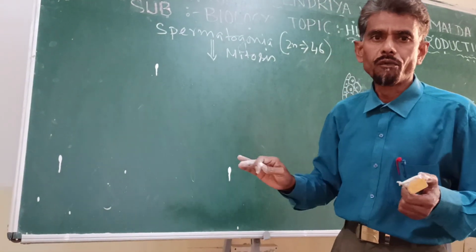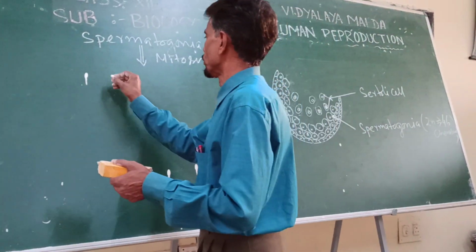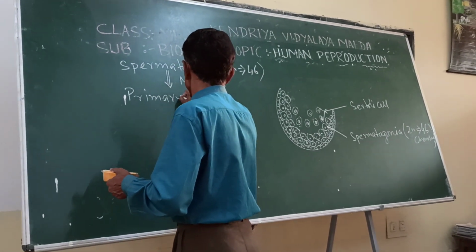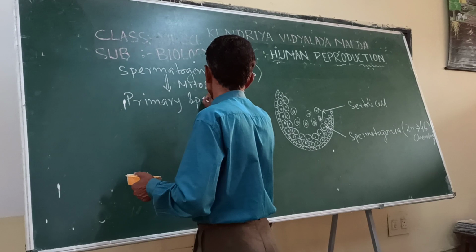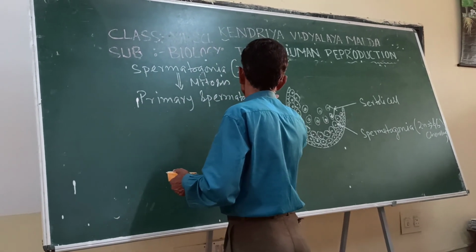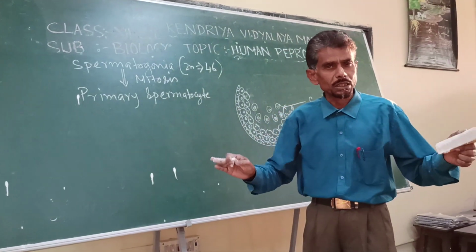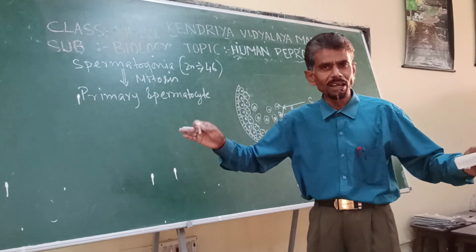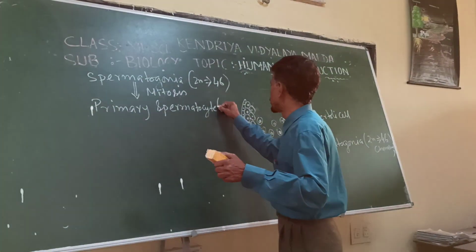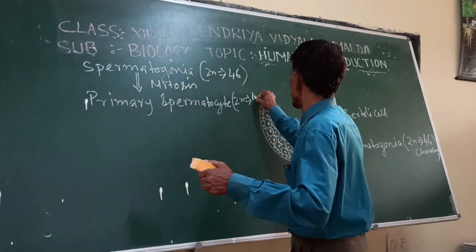And they will form the primary spermatocyte. This is a mitotic division, and mitotic division is an equal division. That means the chromosome number will remain the same. So there will be no change in chromosome number, 2n, that is 46.